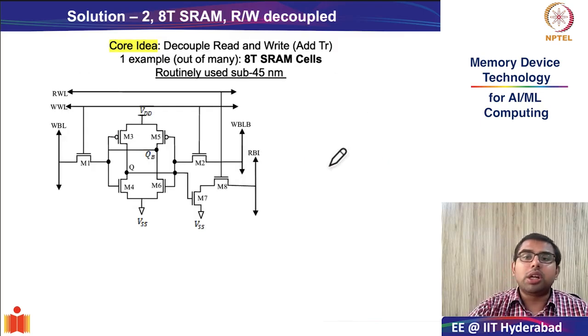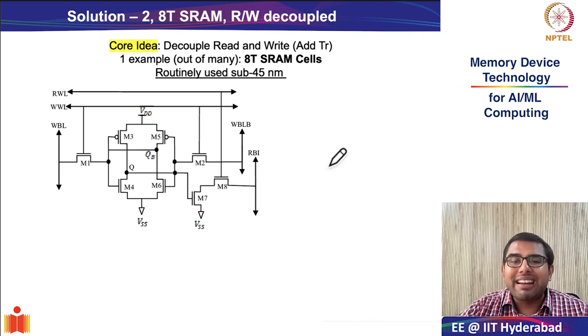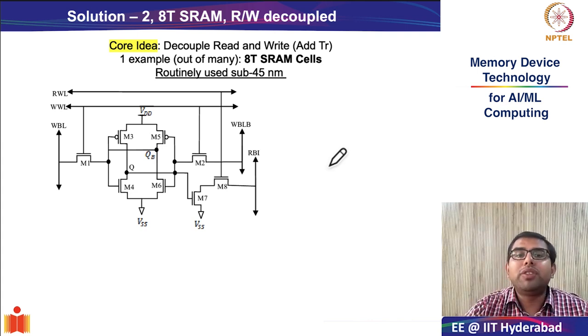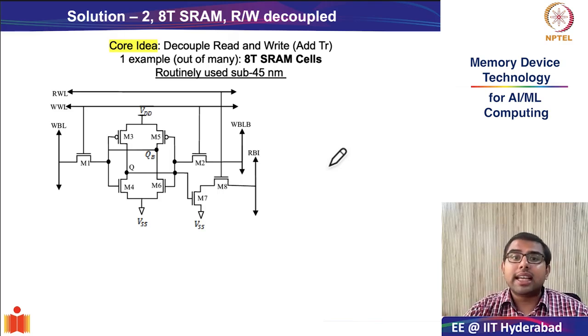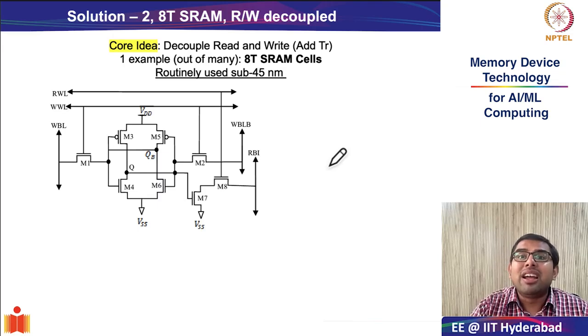The second solution is to completely revamp or completely change the structure of the 6T SRAM cell. And the core idea over here is, since read and write had conflicting requirements, why don't we completely decouple read and write through different paths in the circuitry?